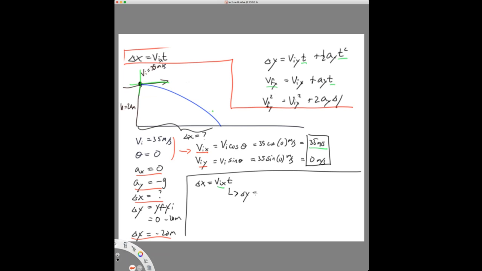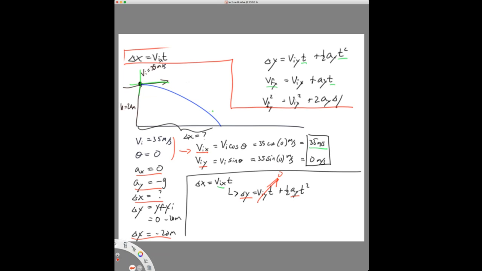Delta Y equals VIY T plus 1/2 AY T squared. And we'll check what we know. We know delta Y, right? It's -20. We know VIY is 0, so I can cross out this whole thing.